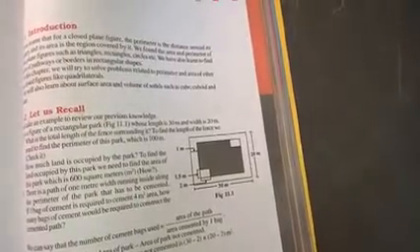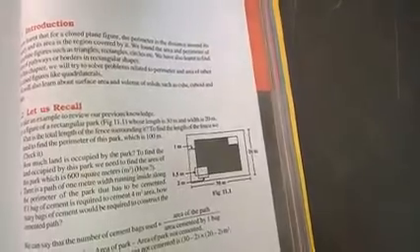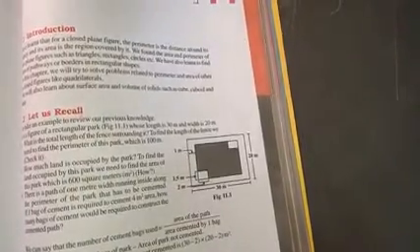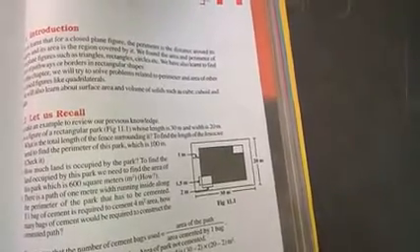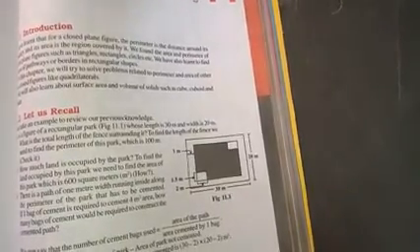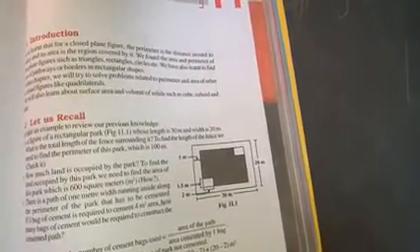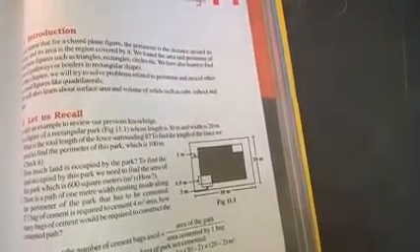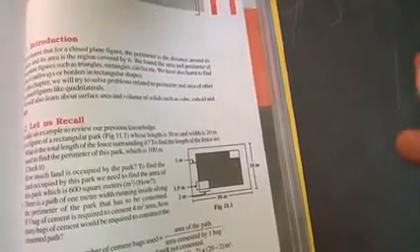The perimeter of a circle is 2 pi r, and the area of the circle is pi r square. So in your earlier classes you have studied plane figures, solid figures and circles also.